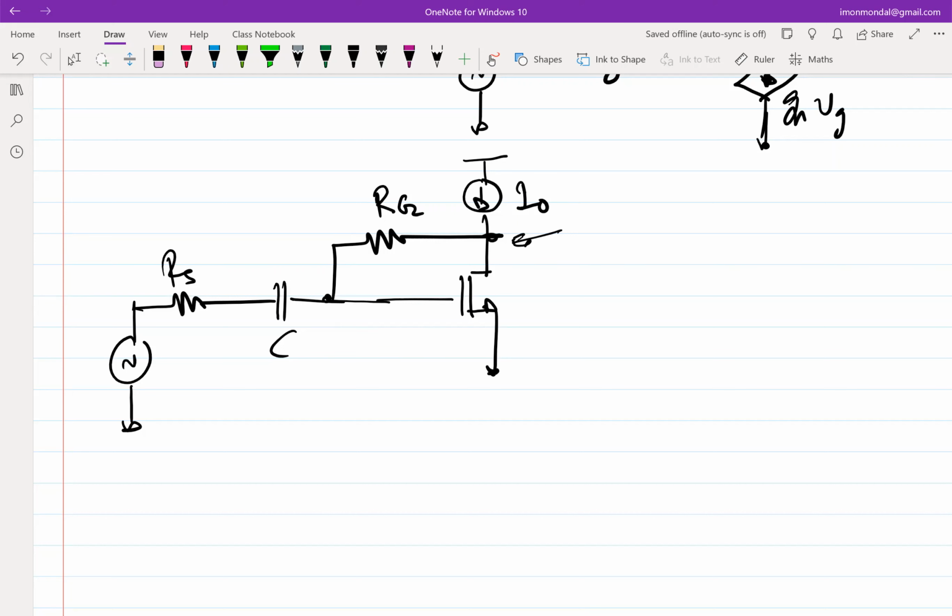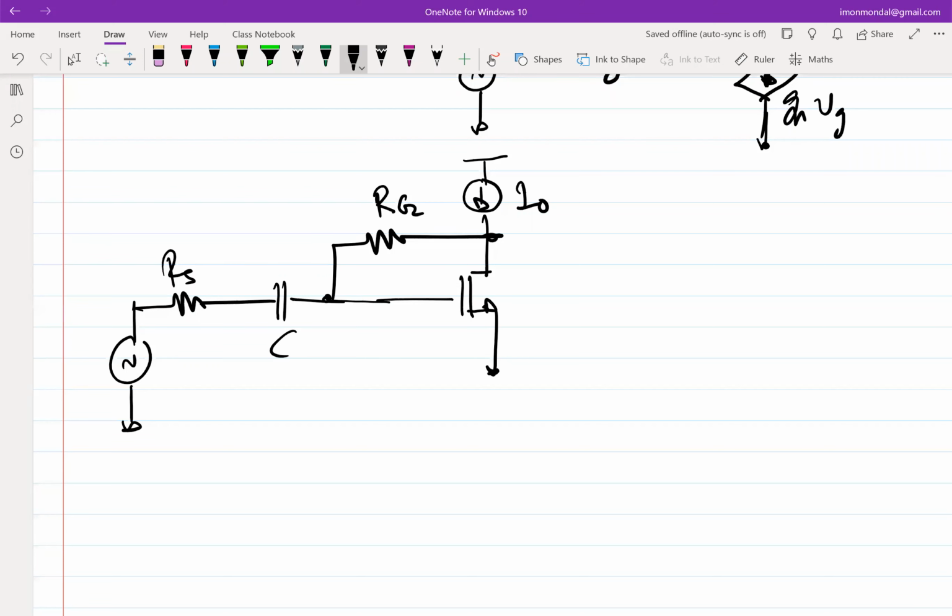Okay, does it make sense? So now, once we arrive at this topology, which might be acceptable, then obviously we have to look into under what ranges of values of RG, C, RS, and all those things this circuit will work in the way that we want it to.